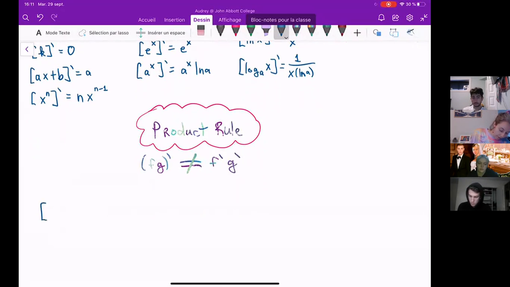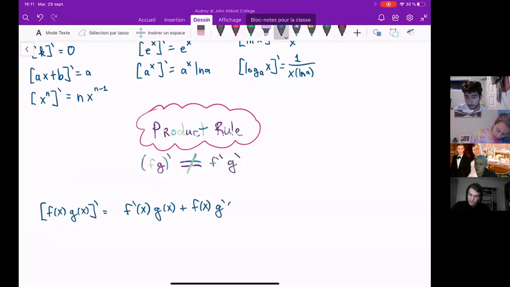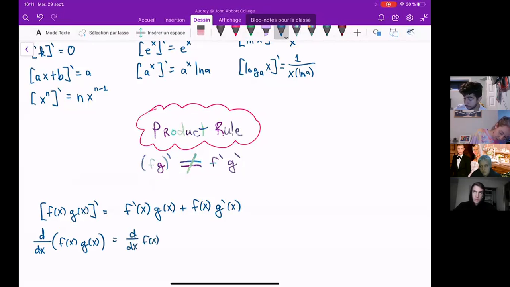So if I have 2 functions being multiplied together, the product rule tells me that I can do the derivative of the first times the second plus the first times the derivative of the second. Or if we were to use our other notation, then we'll have the derivative of f of x, so the derivative of the first times the second plus the first times the derivative of the second.